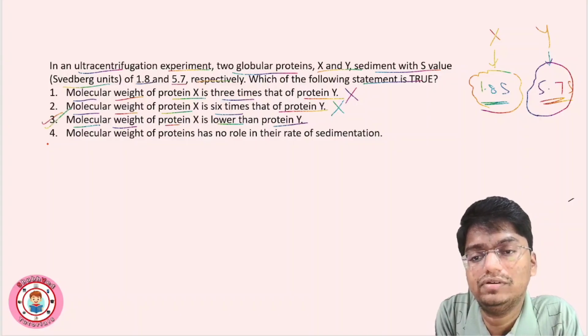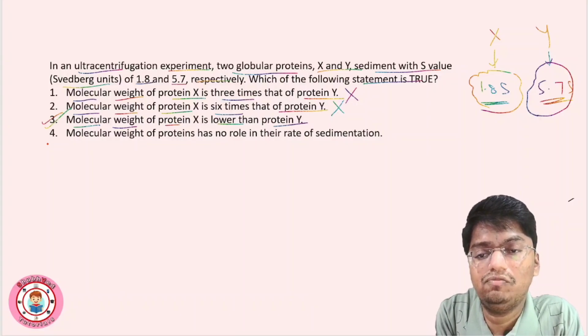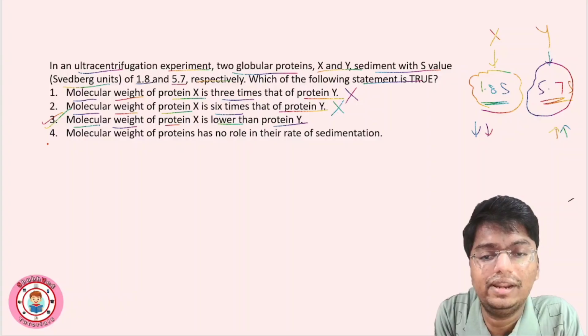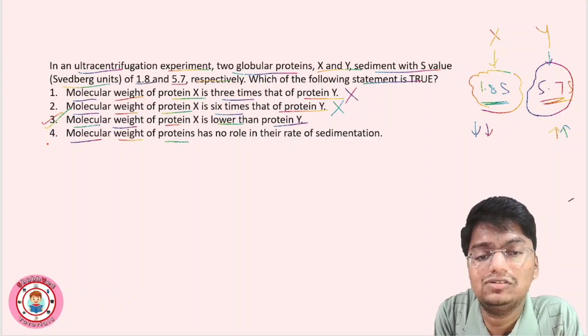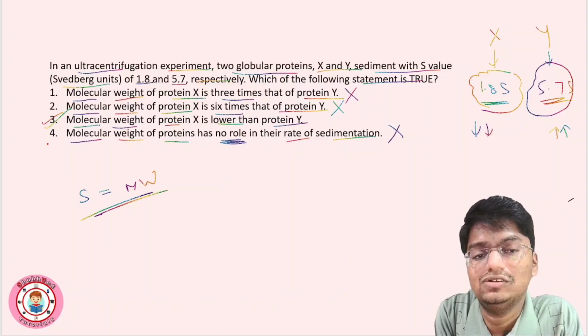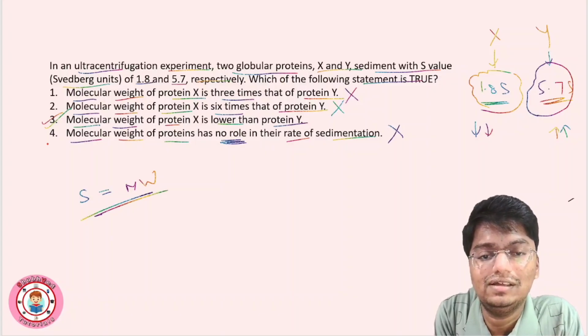Obviously, protein X is lower than Y. Molecular weight of protein has no role in the rate of sedimentation. Rubbish. Sedimentation is related to molecular weight, so this is not relevant.